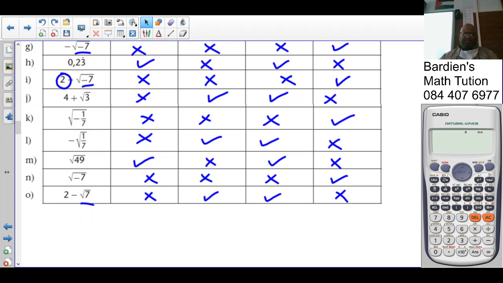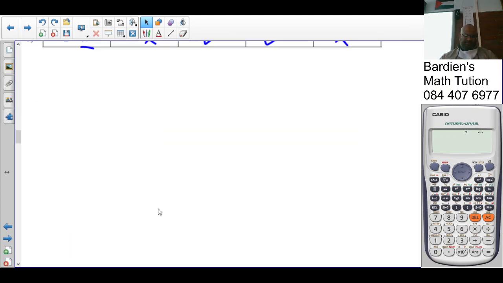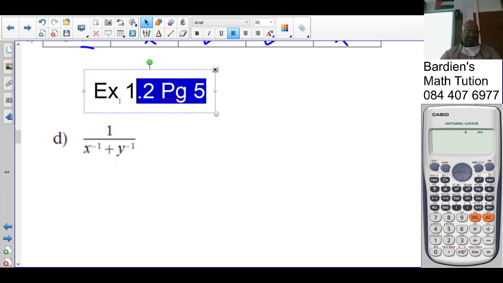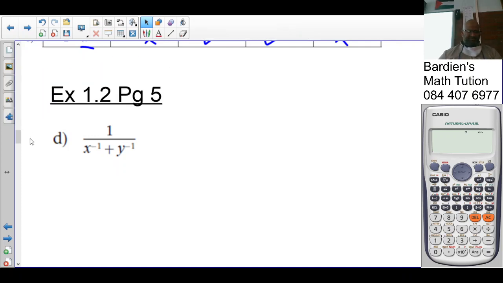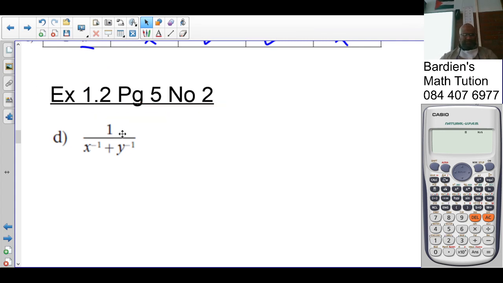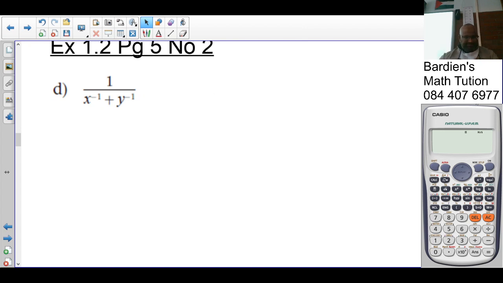The sum comes in, it's between 4 and 5 marks for the sum. Okay, so this is exercise 1.2, page 5. Number 2, 2D, 2G.